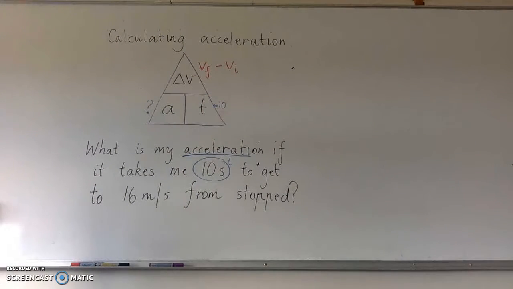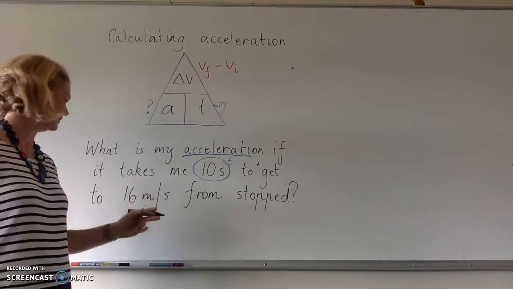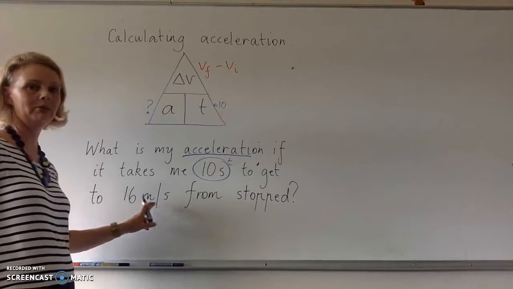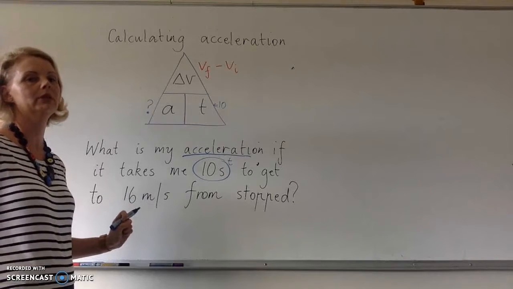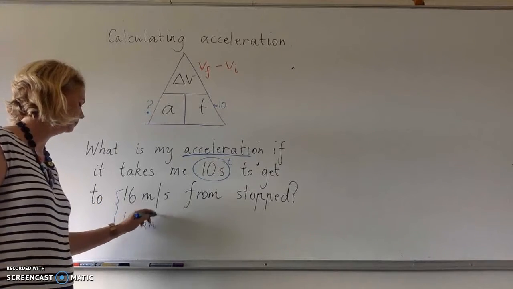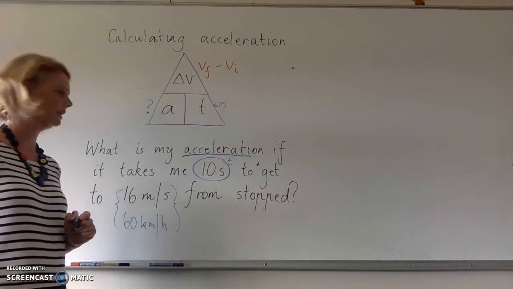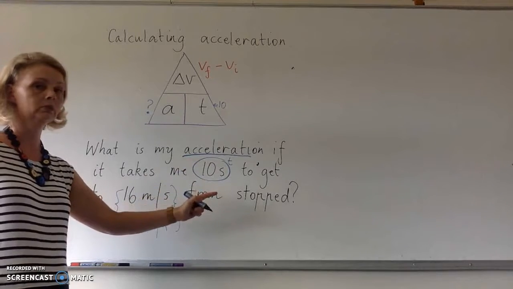If it takes me 10 seconds to get to 16 metres per second, 16 metres per second is 60 kilometres per hour. The time it takes me to get there from stopped.